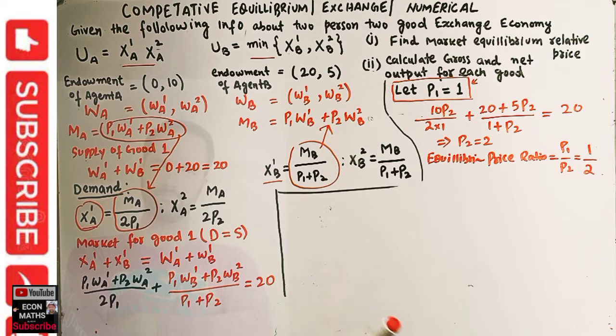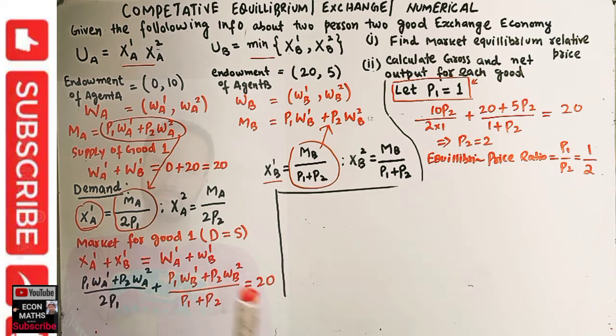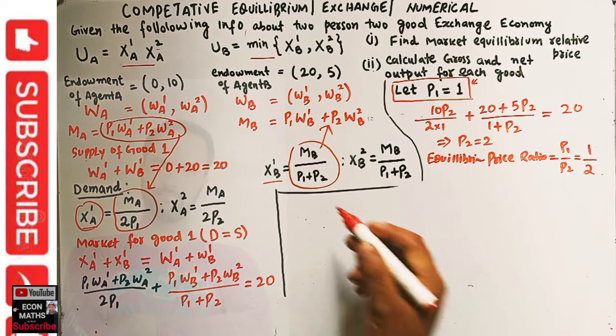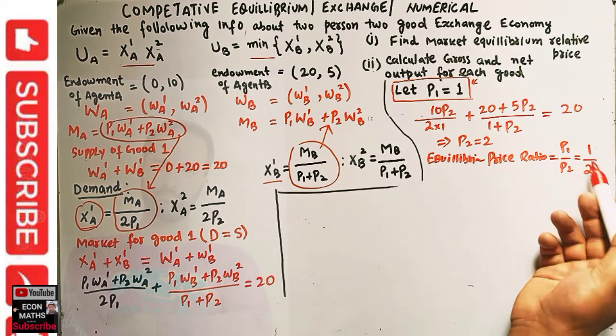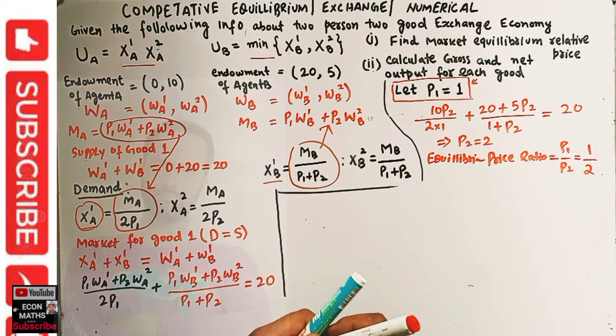Having done this, what are the gross demands of good 1? We can also calculate this gross demand. So p2 is equal to 2 in this case. Then what is the total income?